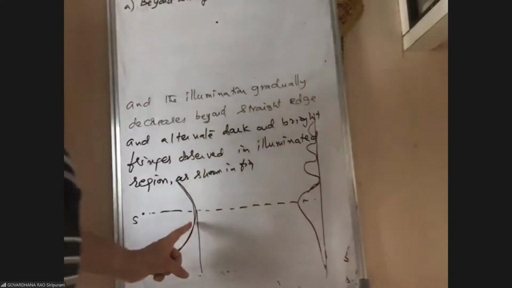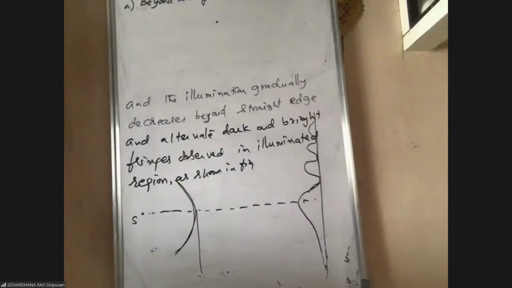Beyond straight edge means this is the straight edge, beyond means this area.